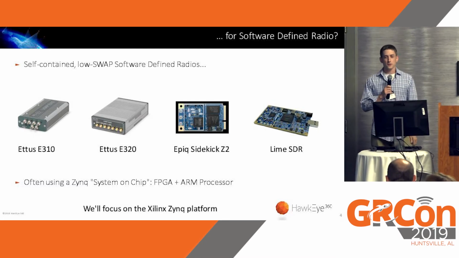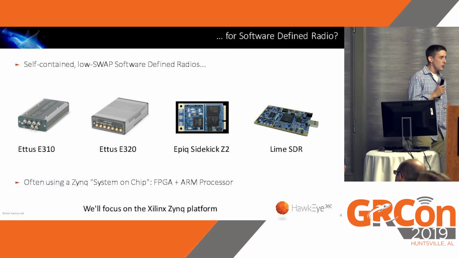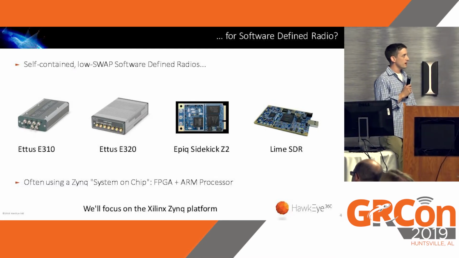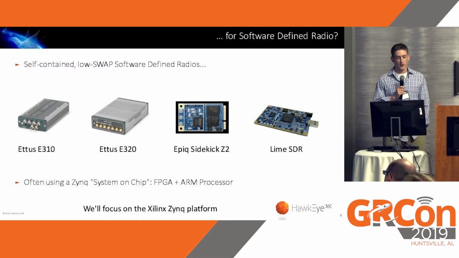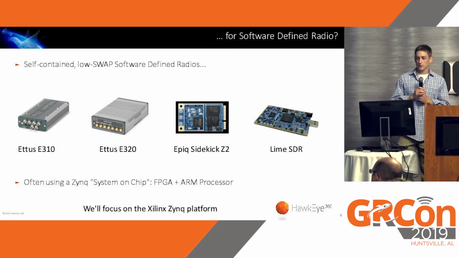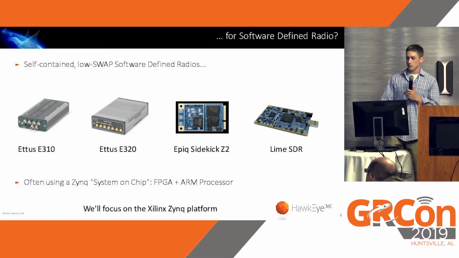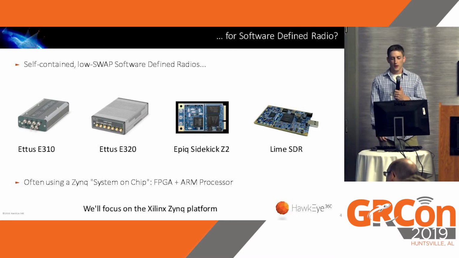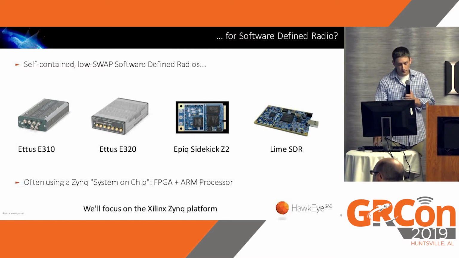If you want to do it for software-defined radio with low power, low SWaP, you've got some good options. You've got the Ettus family of E310s, you've got the EPIC solution, and the Z2 has a Zynq on it. There's one that has an Altera version, and since we're deploying a Xilinx Zynq, that's what we're going to focus on. That's also similar to the E310.